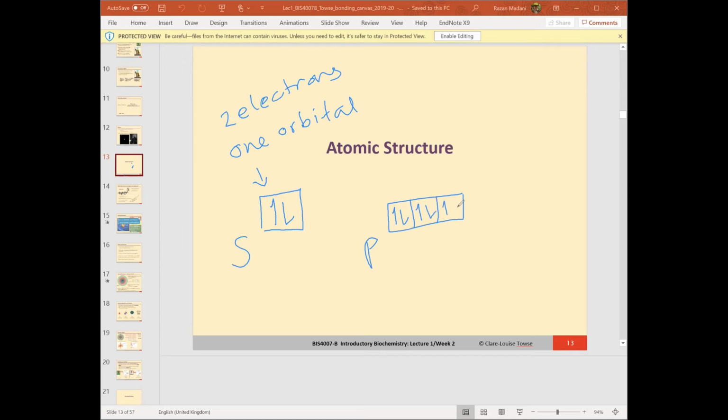These are 6, equally repelling. 3 orbitals, 6 electrons. And the D one will have 5 boxes like that, and it's the same thing, the electrons just keep filling. That's how they look.